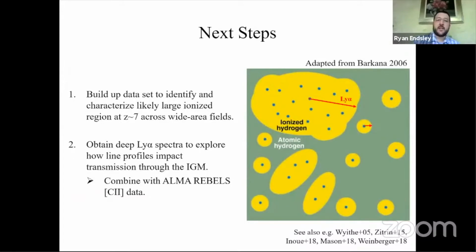So we're able to do that thanks to the decent spectral resolution that we get from our Binospec spectra. And we're also combining our results for a subset of sources that have [CII] measurements from the ALMA REBELS survey. So I'll quickly go through those results in the remaining minutes.